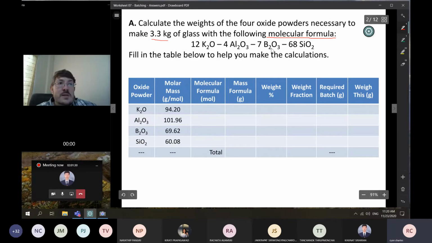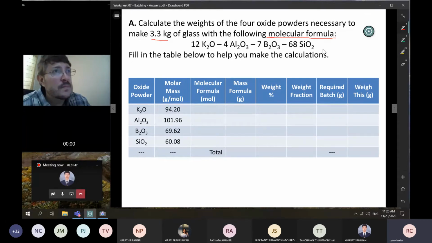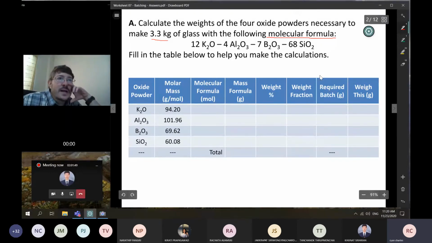So we have to be able to manipulate a molar formula. This is like chemistry class. 12 moles of potassium oxide, 4 moles of alumina, 7 moles of boron oxide, 68 moles of silica. Those are the pure oxides. Fill in the table to help you make the calculations.